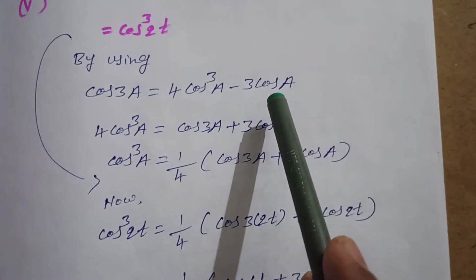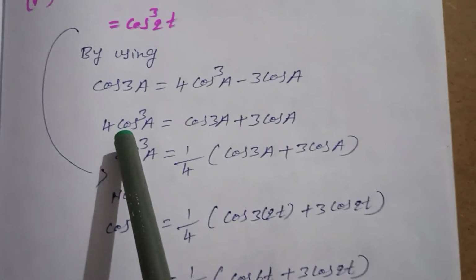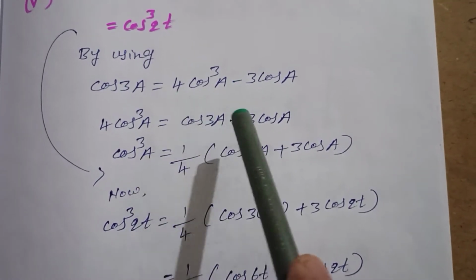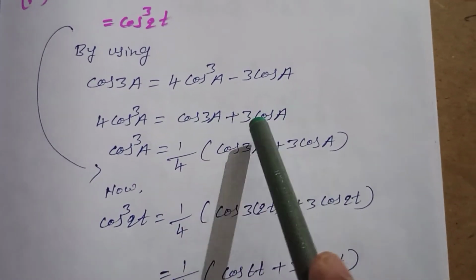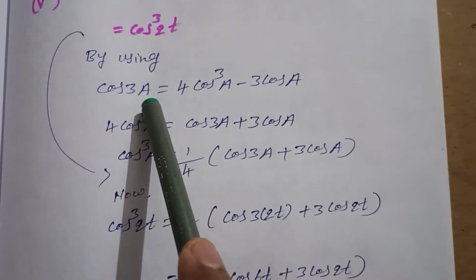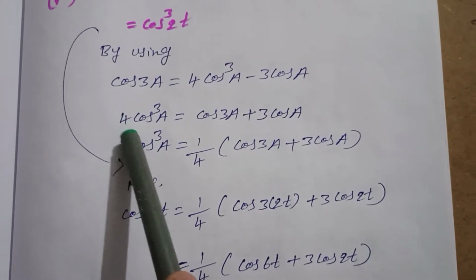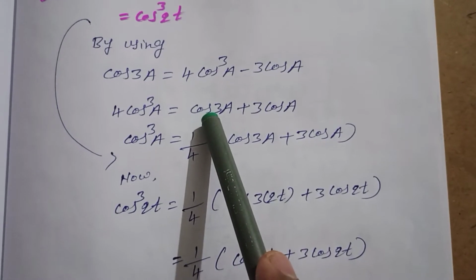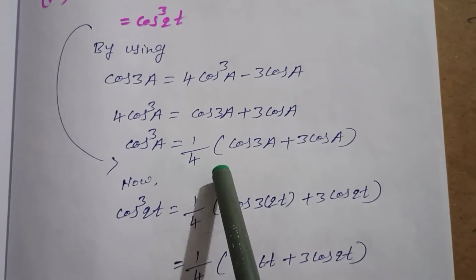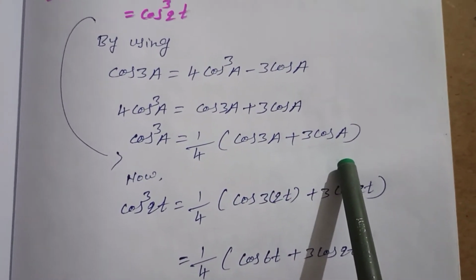So I am transferring minus 3 cos a from this side to this side, it will become plus 3 cos a. So 4 cos cube a is equal to cos 3a plus 3 cos a. In this side 4 was multiplying, if you transfer from this side to this side, it divides. So cos cube a is equal to 1 by 4 into cos 3a plus 3 cos a.